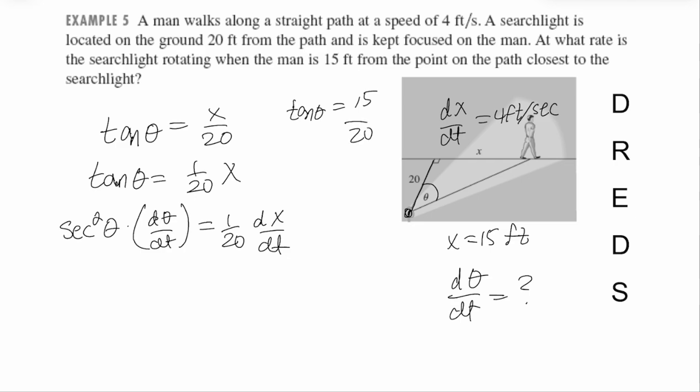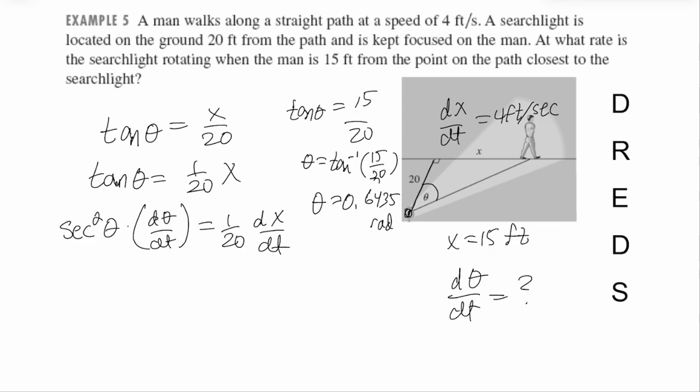If you go into a calculator and do the inverse tangent of 15 over 20, and we're going to keep it in radians, you get a funky value. You get 0.6435 radians.